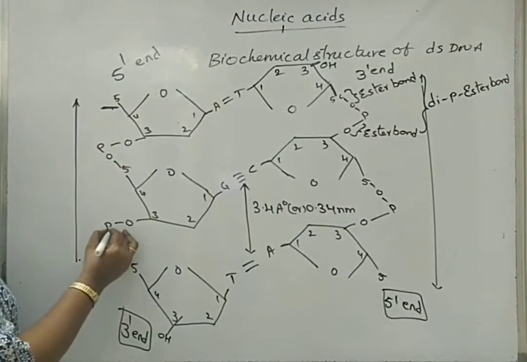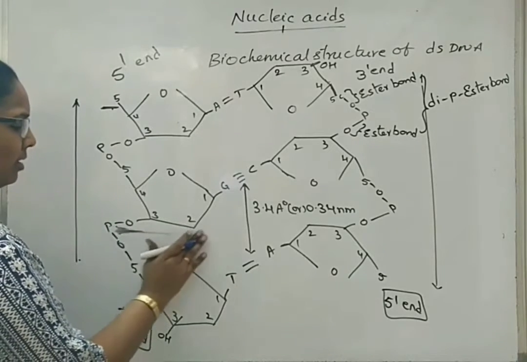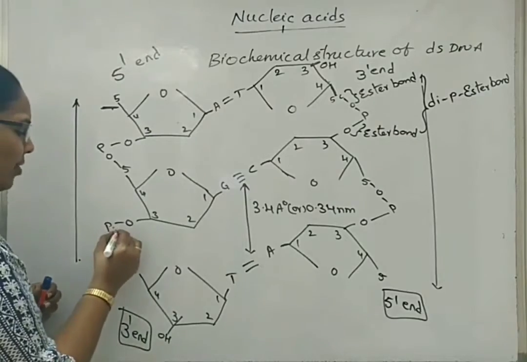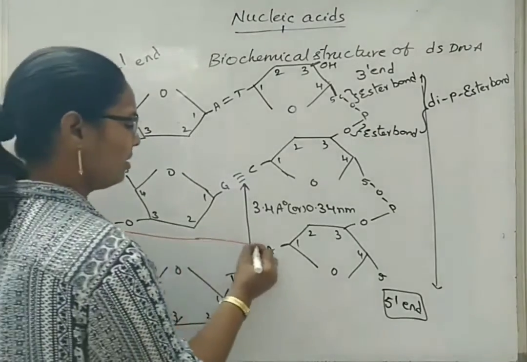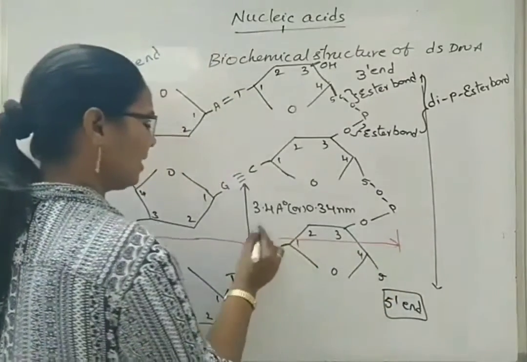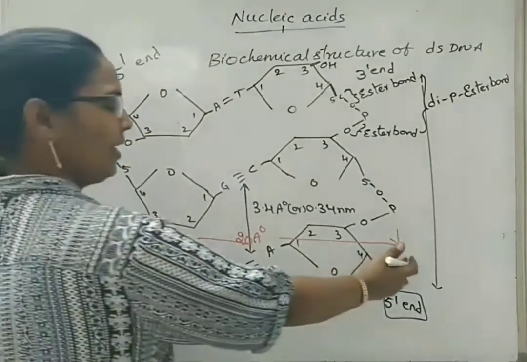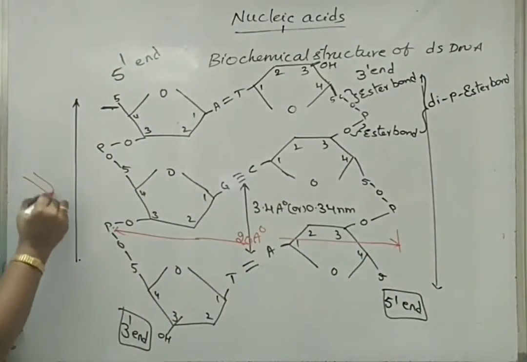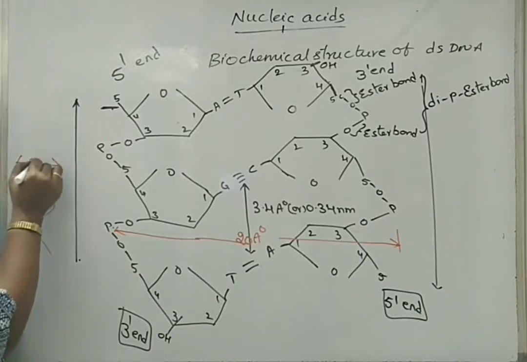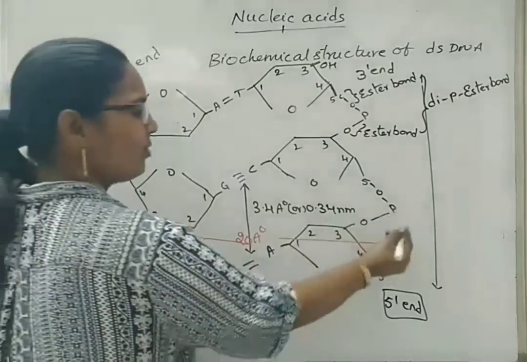And the total diameter from this phosphate molecule up to the phosphate molecule here is 20 angstroms. This is the width we commonly state when drawing the structure of DNA, the diameter between the strands, meaning between the phosphate of one end and the phosphate of the other end.